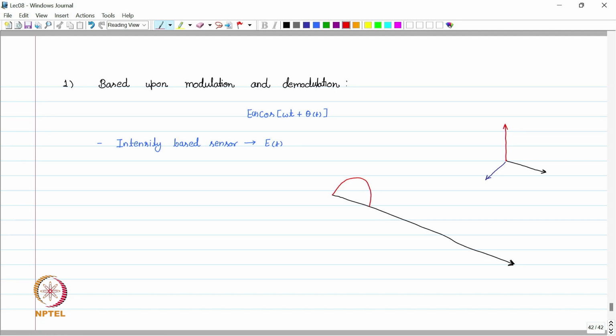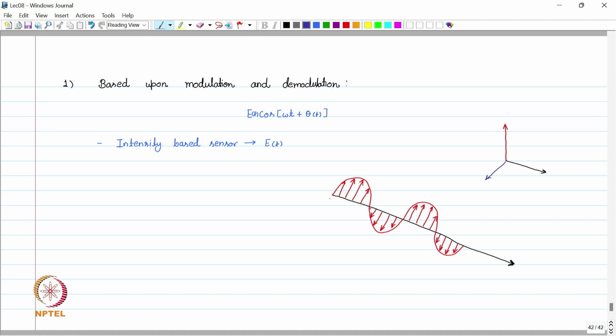This is the electric field vector, and then we can plot the magnetic field vector along this.